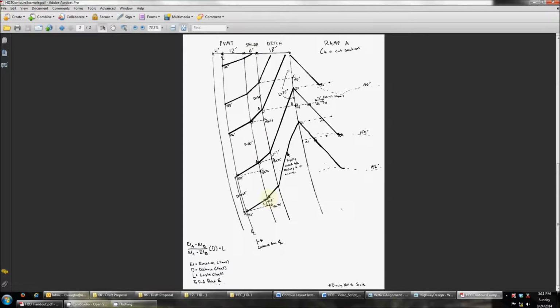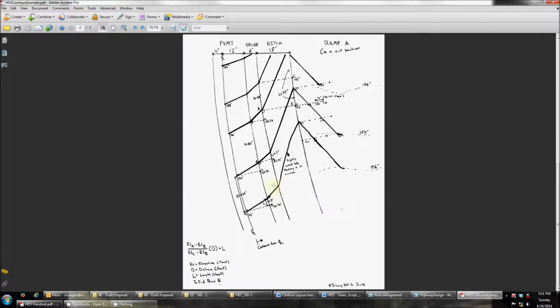So it's going to be 152 minus 0.32, because that's 8 feet times the 0.04 cross slope, which is 0.32. So 152 minus 0.32 is going to give you 151.68 would be this point here if there were a line drawn perpendicular across here. Now we're going to move on and draw the slopes beyond the shoulder point.